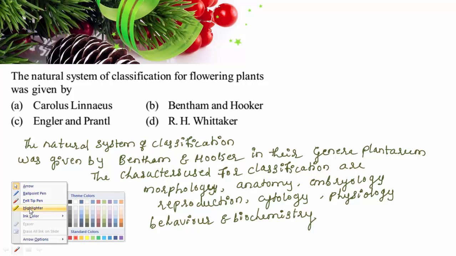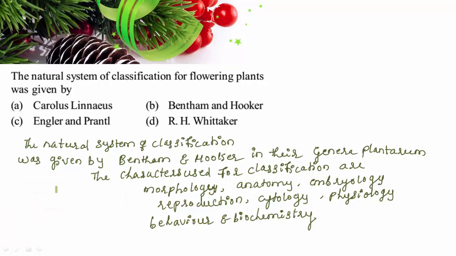And here the term given is natural systems of classification, and the natural systems of classification was given by Bentham and Hooker, and they introduced this in their book Genera Plantarum.